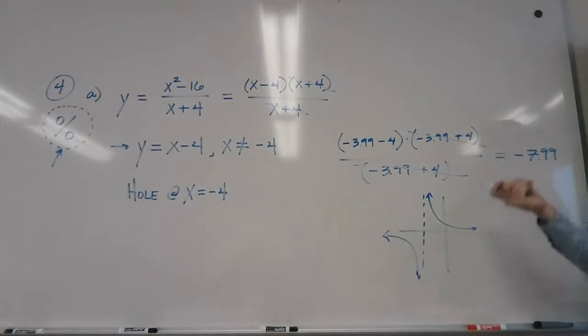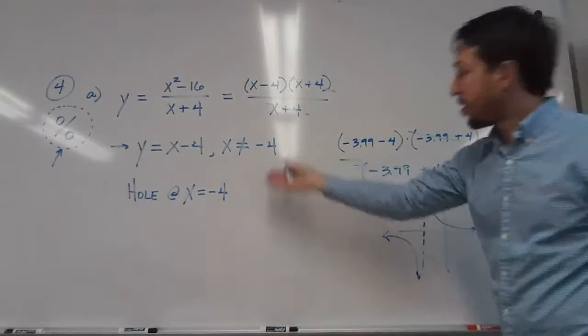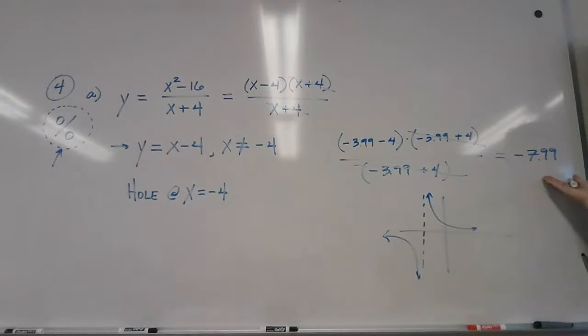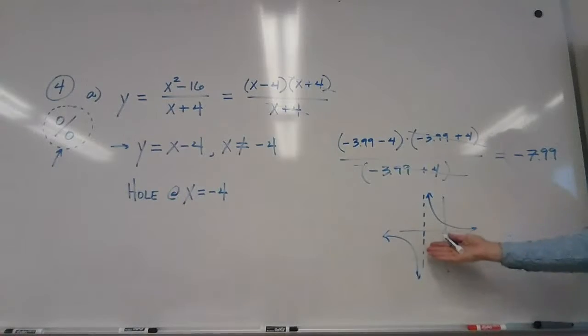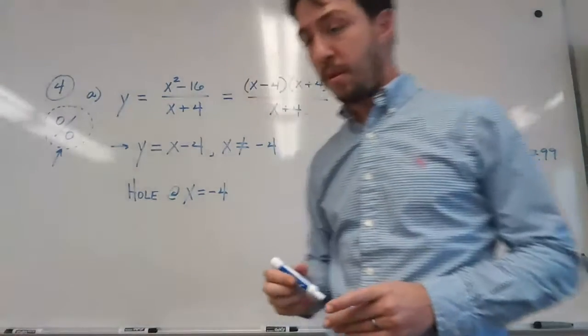Yeah, it's a limit. So on a hole, the limit exists, right? As you approach this number, your y values approach this other number. On an asymptote, that's not the case. You approach infinity. So how do we know if that's not a jump instead of just different?